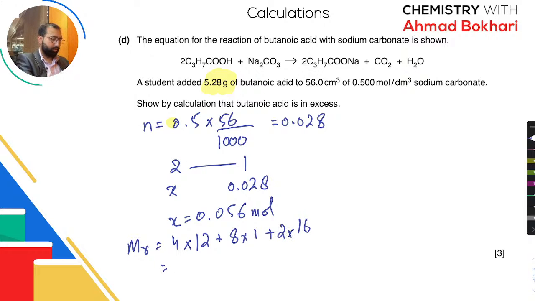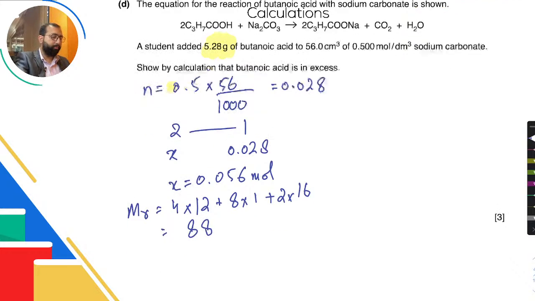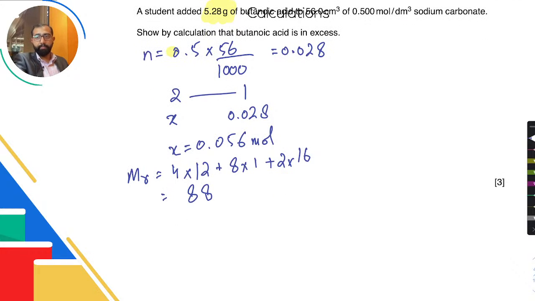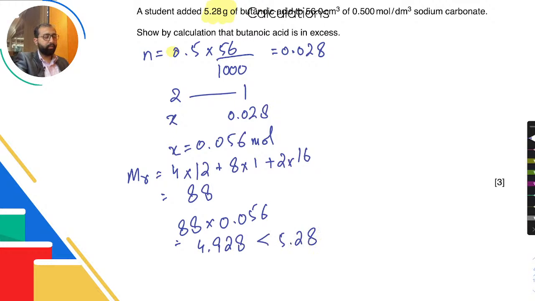So that is 48 plus 8 plus 32, which is 88. That's the MR. Okay, so now I'll multiply moles with MR. So 88 times 0.056 will give me the mass, which is 4.928. That is less than 5.28. So clearly it is in excess.